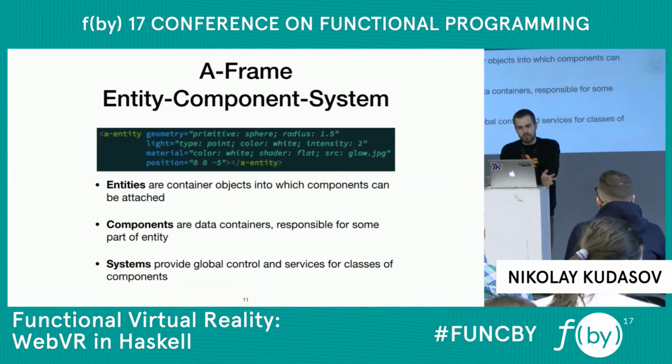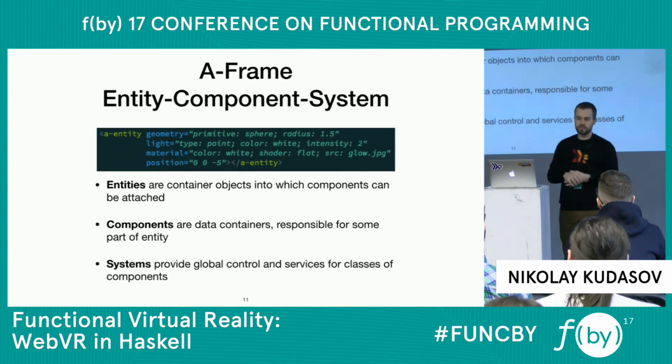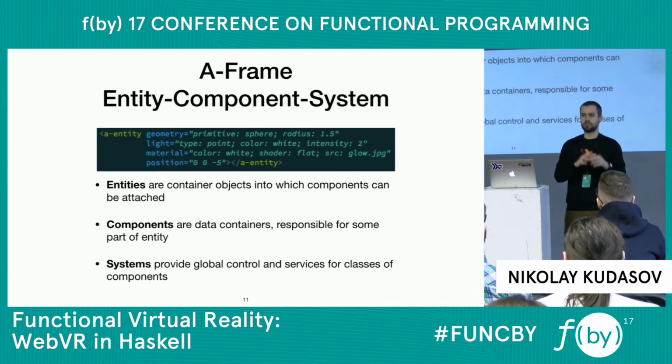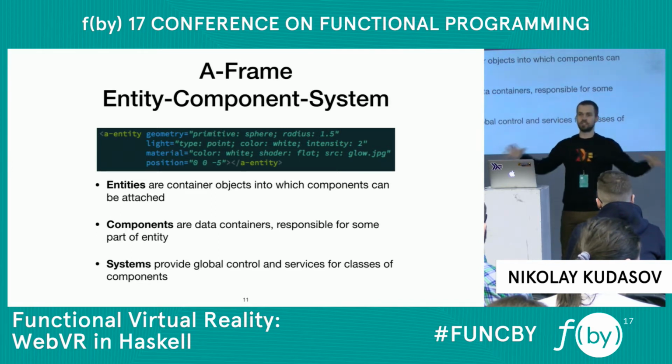So, entity component system is a very simple architecture principle. Basically, you have a bunch of components, and each component tells you just something about some entity. For example, its physical properties, or its position, or its color, or its material, or something. And entities are just a collection of these components, nothing more.